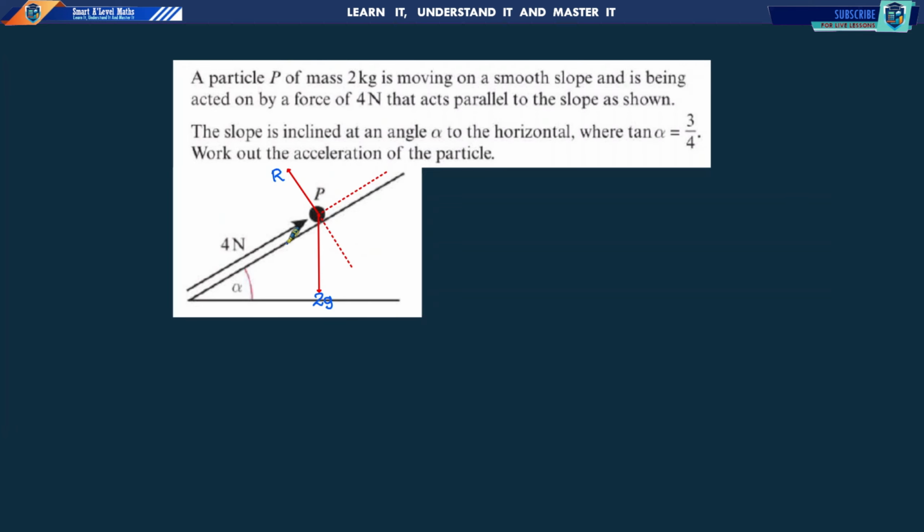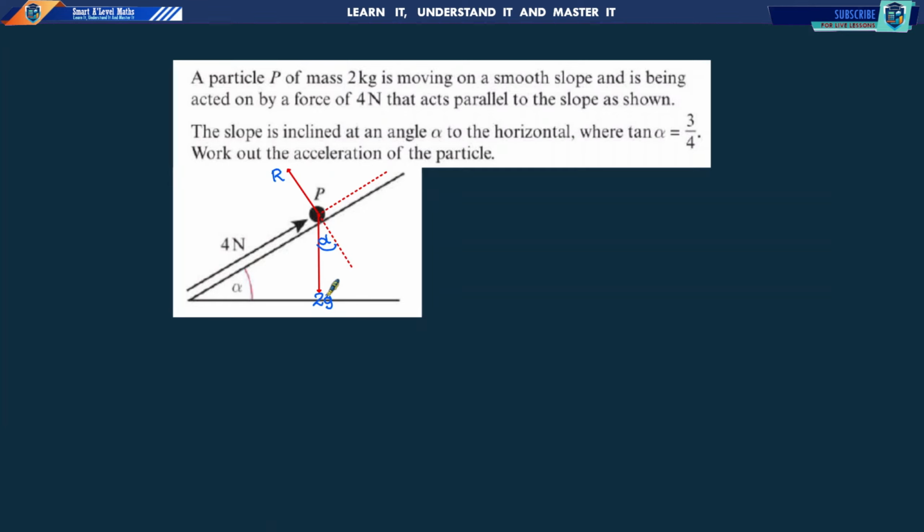Now the next thing we have to do here is to indicate this angle is also exactly the same as what has been given here. This force is acting in the upper direction, meaning if we are resolving, it will be the same as subtracting this away from there.